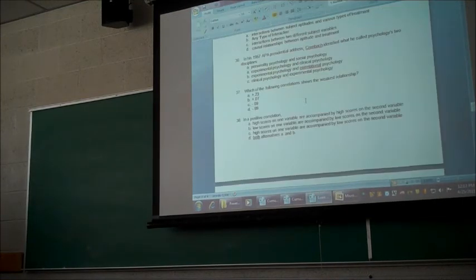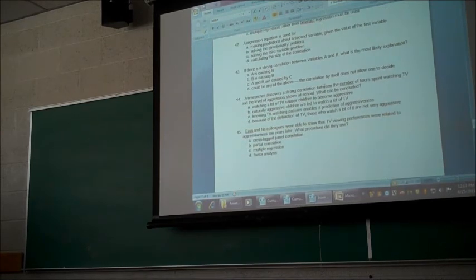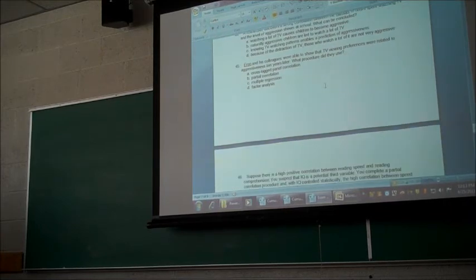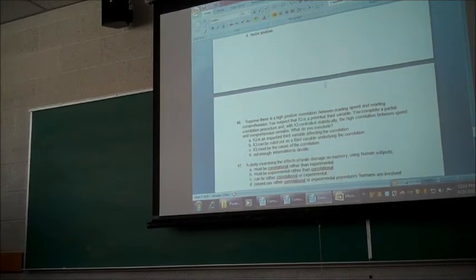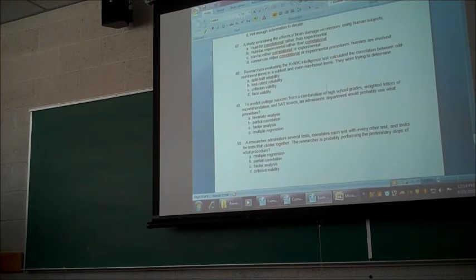Okay, well, let's look at the old test. See what this looked like. I know I had a question like this on the old test. Let's see, to predict college success from a combination of high school grades, weighted letters of recommendation, and SAT scores, an admissions department would probably use what procedure?